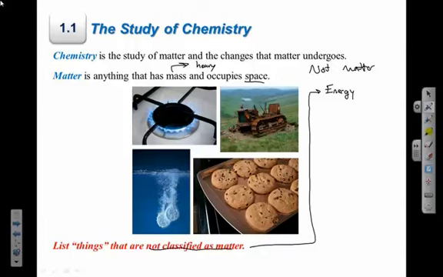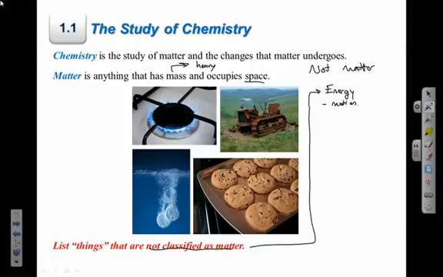Most forms of energy include, not all, but most include some type of motion. So you can kind of think of energy as like the movement of matter often. So you can't really have electricity, though, without matter. And since I said that chemistry is the study of matter and how matter and energy interact, energy is still within the area of what chemistry is studying. So that's a good example of something that's not matter, but it's still something that we're going to be very concerned with and we're going to be talking about a lot.